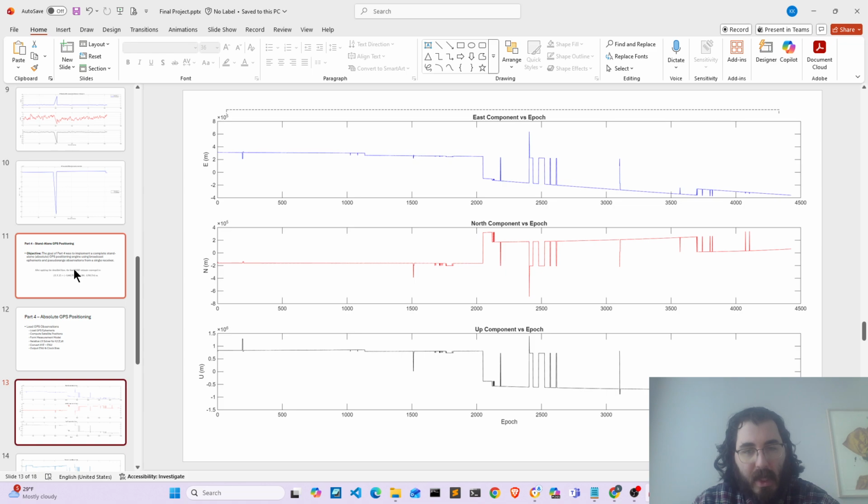Looking at the results, the solution diverges completely. ENU components fluctuated by hundreds of thousands of meters, and the root causes were missing critical GPS corrections.